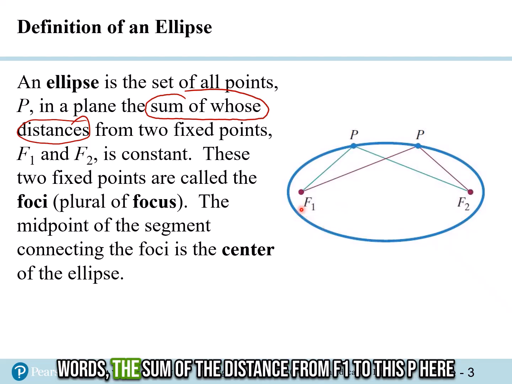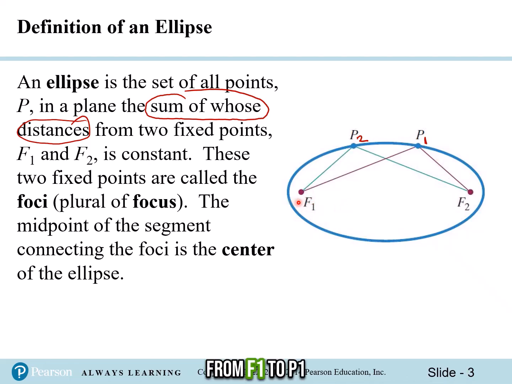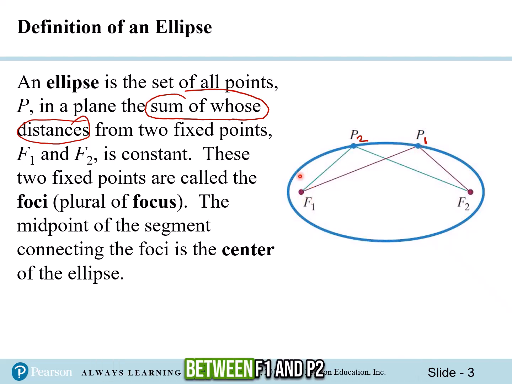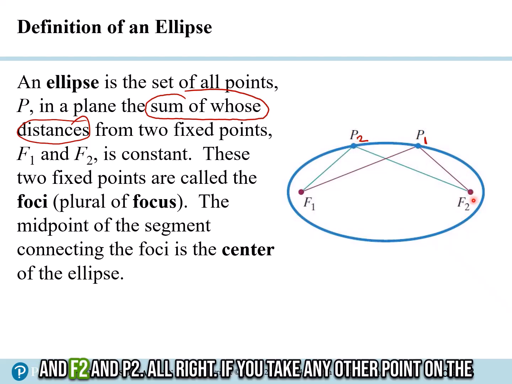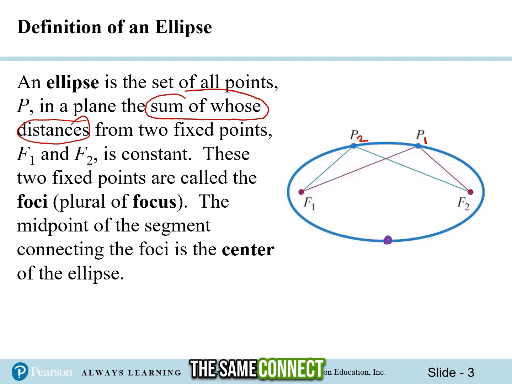In other words, the sum of the distance from F1 to this P here, let's just label them as P1 and P2, each of these points. The sum of the distance from F1 to P1 and F2 to P1 will be the same as the sum of the distance between F1 and P2 and F2 and P2. All right. If you take any other point on the other side of the ellipse, maybe this point here, and do the same, connect the point to F1 and F2.